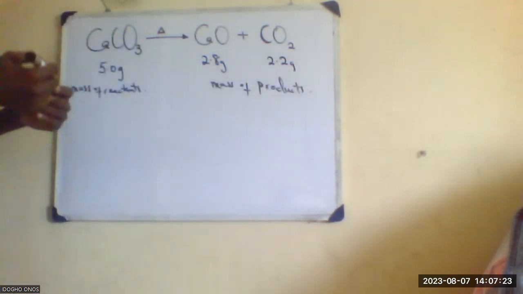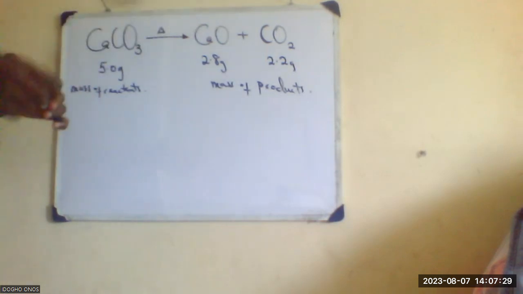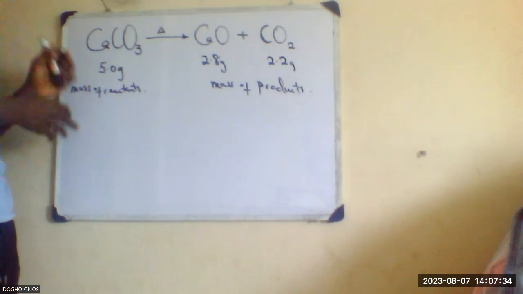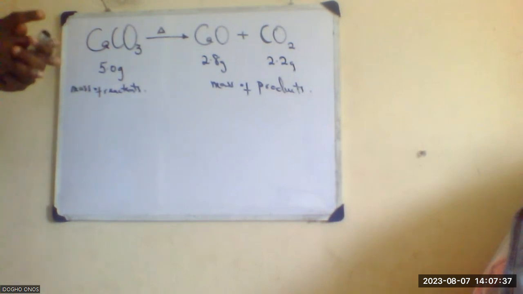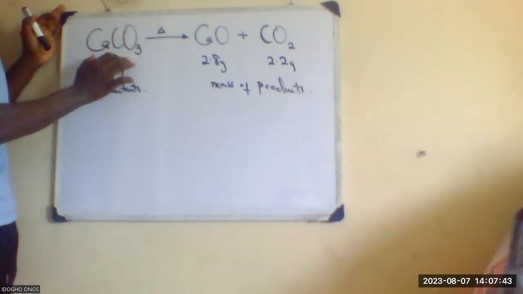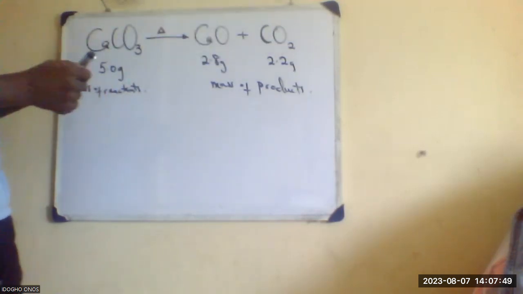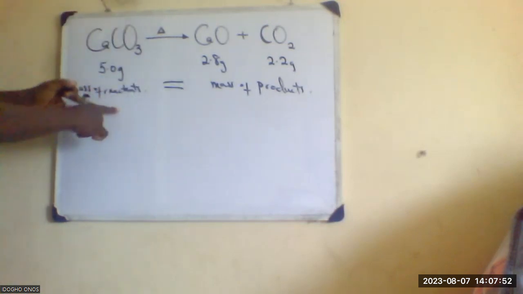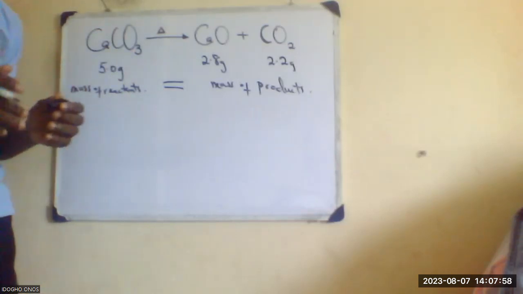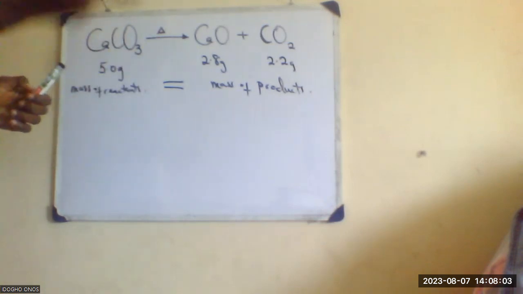They now ask us to show that this result is in accordance with the law of conservation of mass. And that law simply states that matter can neither be created nor destroyed, but can only be converted from one form to another. That means this compound, which is your limestone, has only been converted to calcium oxide and carbon dioxide. So that law simply tells me that my mass of reactant should be equal to mass of products, because matter is not created or destroyed, it is only converted from one form to another.